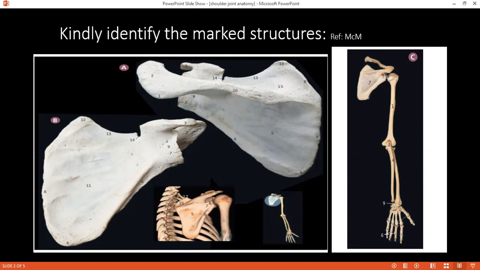Supraspinatus muscle tear is the most common. With injury of the supraspinatus, the patient is unable to do what? Abduction from 15 to 90 degrees is restricted. Good.